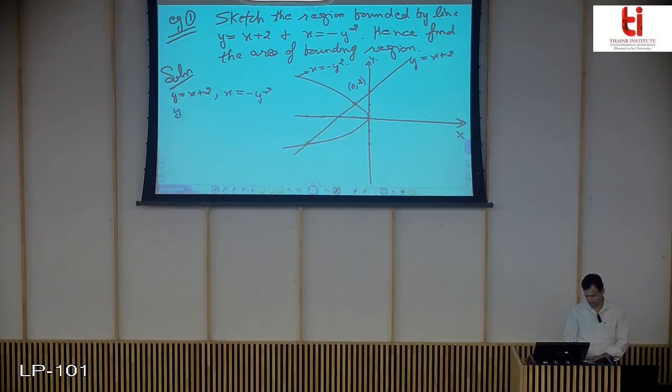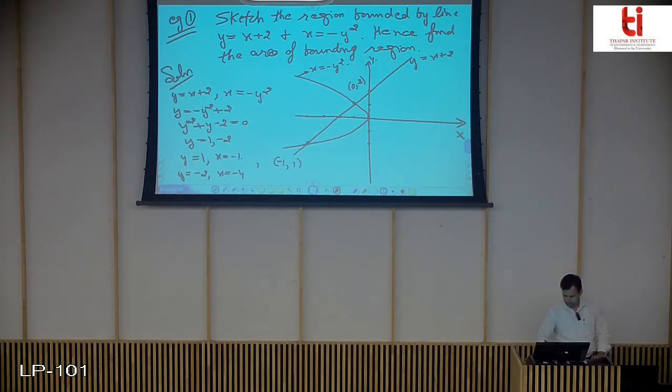This gives y equals minus y square plus 2, so y square plus y minus 2 equals 0. On solving this, you get y equals minus 2 or y equals 1. For y equals 1, x equals minus 1; for y equals minus 2, x equals minus 4. So you got the points of intersection, minus 1, 1, that is here.